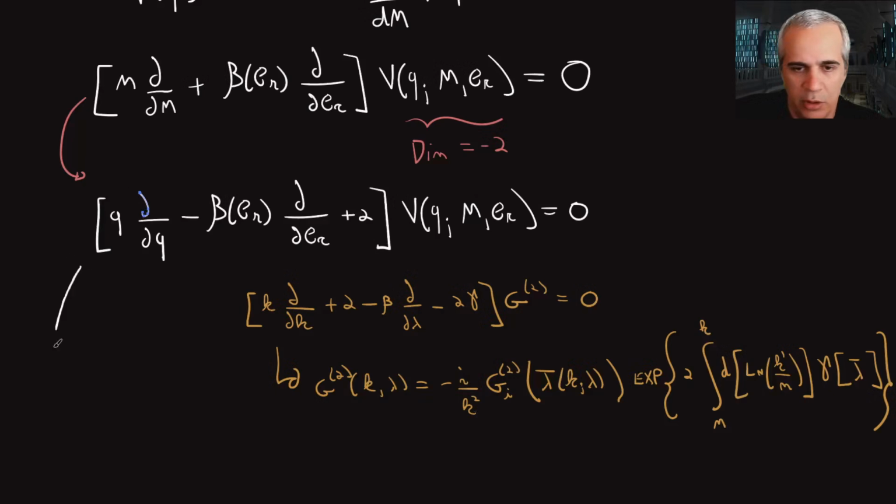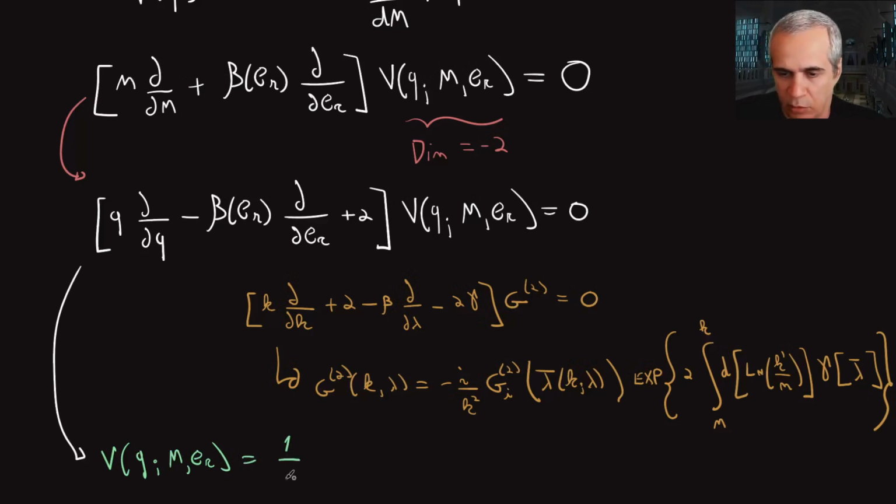So the solution we'll use to this equation is that V of Q, of course, of M and e_R, these two things are defined together, is 1 over Q squared times some initial condition, which is calculated at e bar of Q, and you have the reference value for the charge, the renormalized charge here.